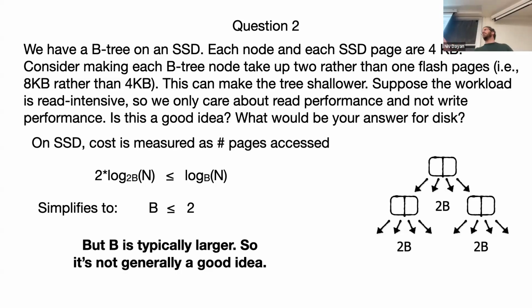Yes, exactly. On disk, there's actually a huge difference between sequential reads and random reads. If we put multiple pages that belong to a node right next to each other physically on the disk, it's basically free to read the next page because you've already done all the mechanical work of moving the disk head.